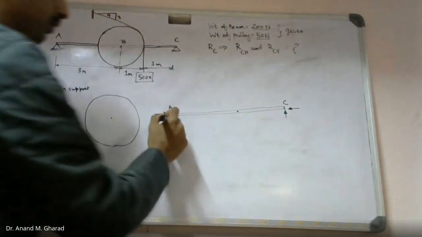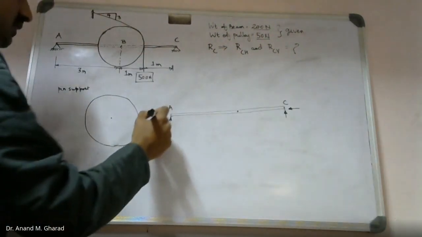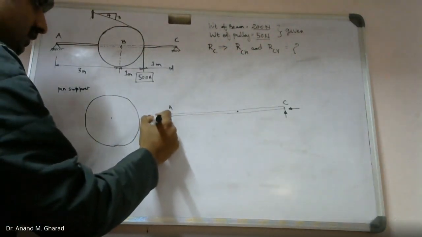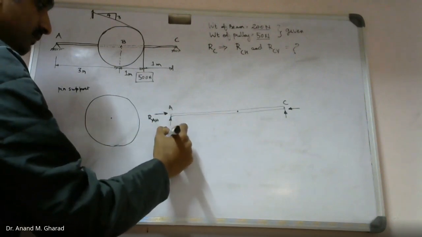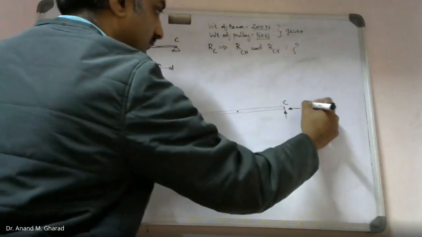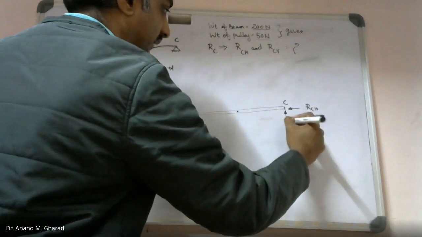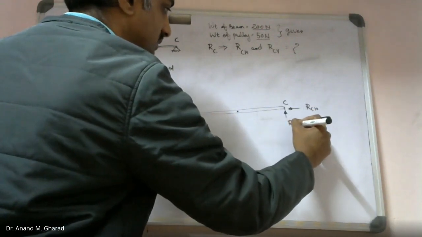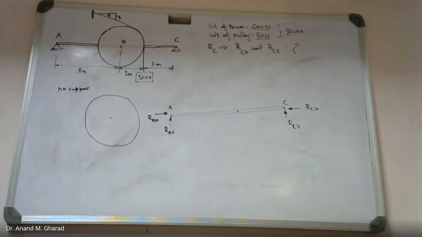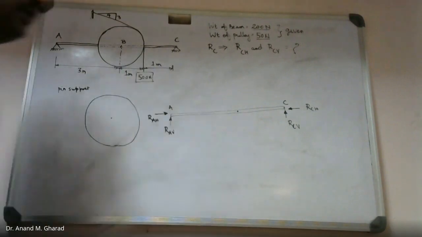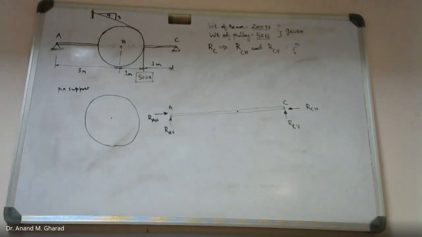I know at point A and point C, since they are hinged connections, there will be two forces like this, RC. Okay. What do you think at point B? How many forces do you expect to be developing because of this given information?